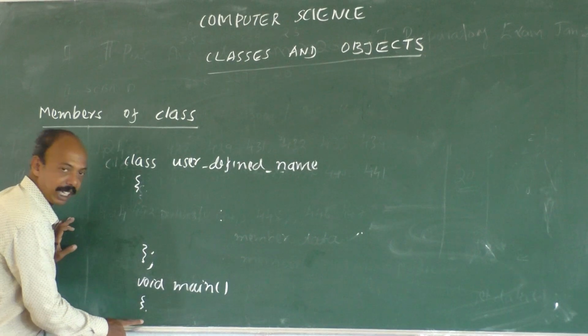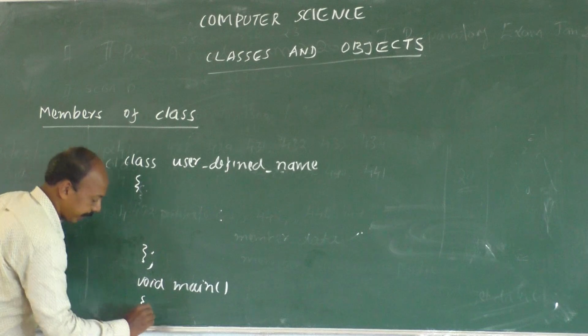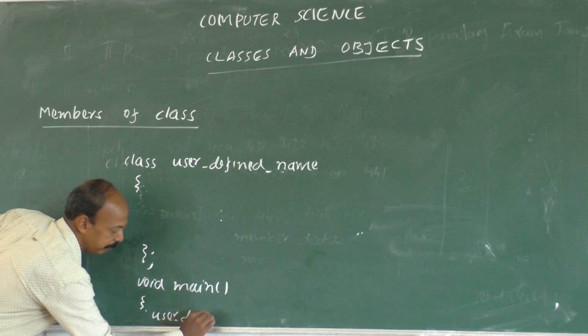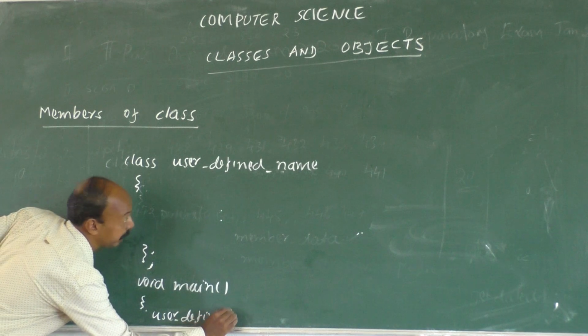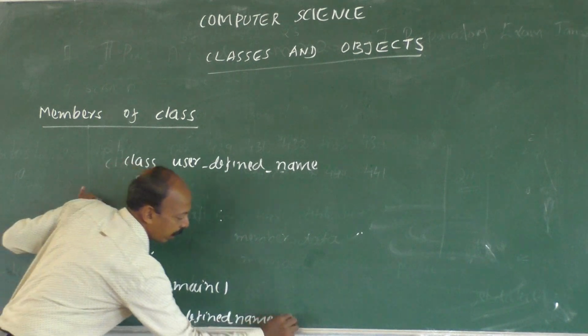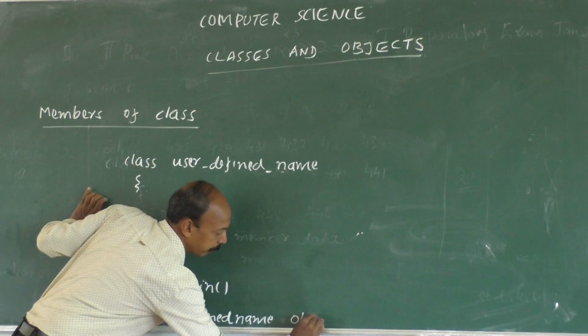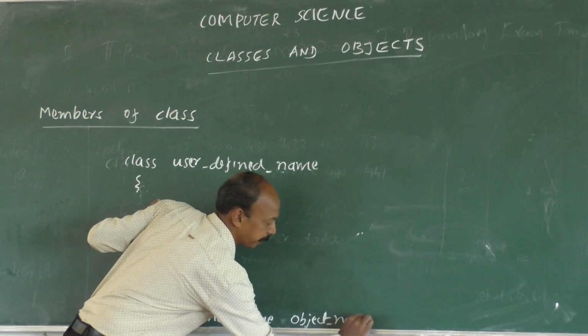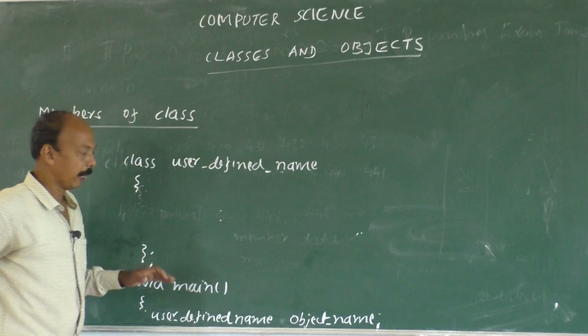Again, the first task is to create the object. What we will write? The user defined name or the class name, then object name, semicolon.